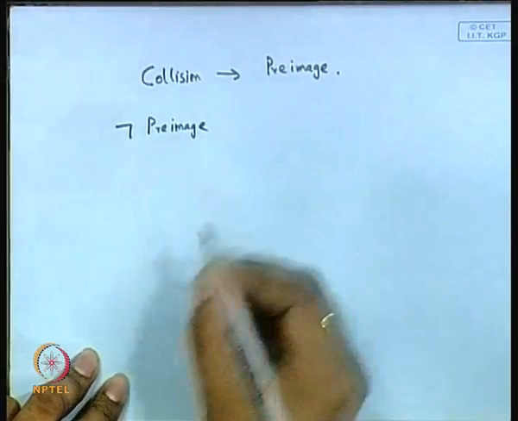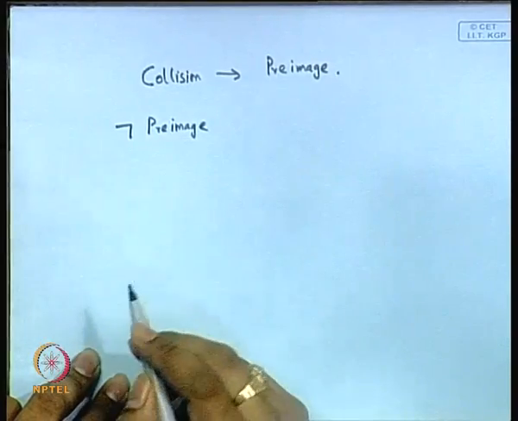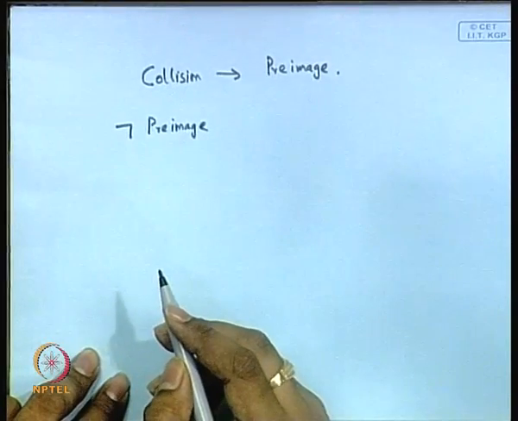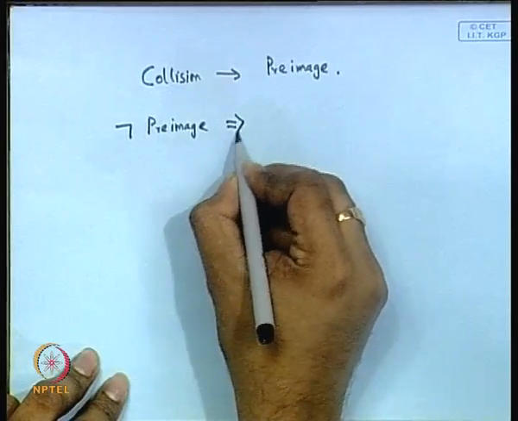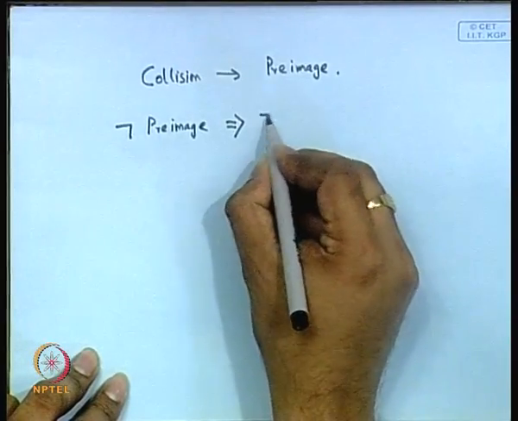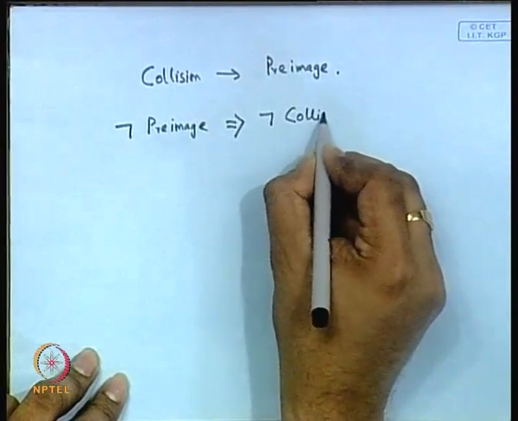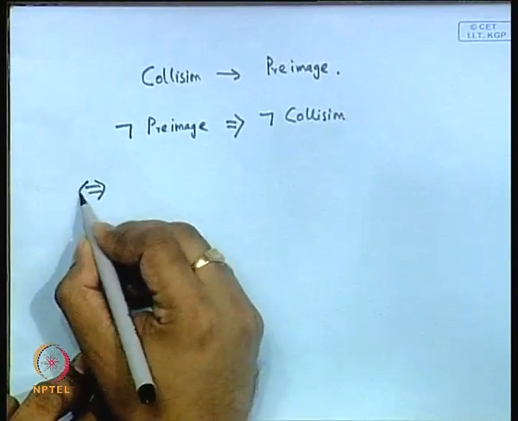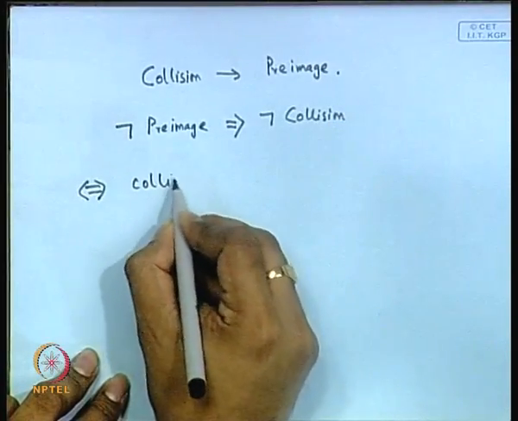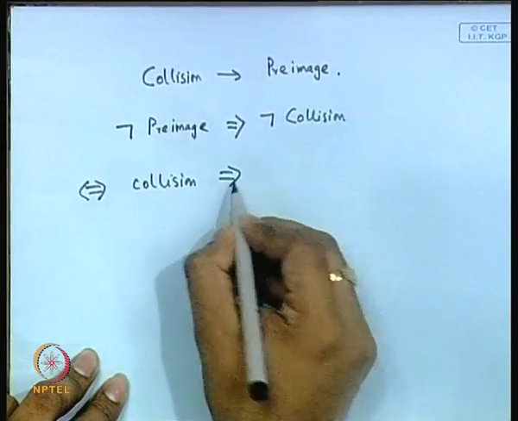I am saying that the pre-image problem is not hard. There is some good algorithm which can actually solve it. And if I show that this implies that collision is also solvable, then this is the same as saying that collision implies pre-image.